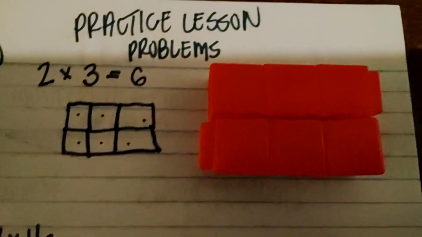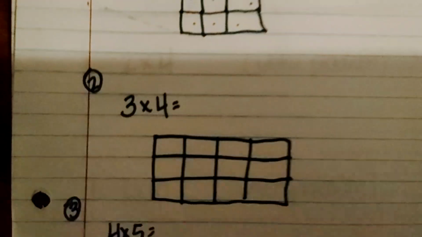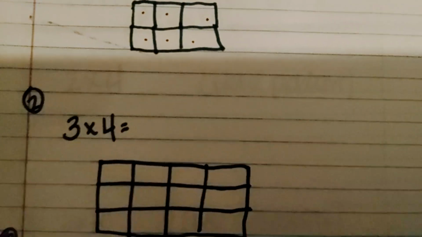Okay? Okay, let's do a little harder one. I believe in us. Let's write 3 times 4 on your paper. Go ahead, write 3 times 4. Okay. 3 times 4. Here's our array for 3 times 4.